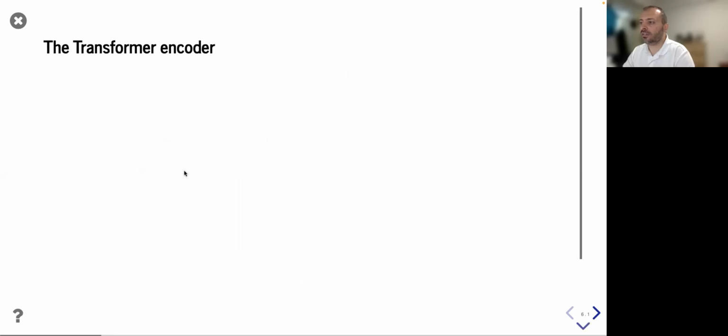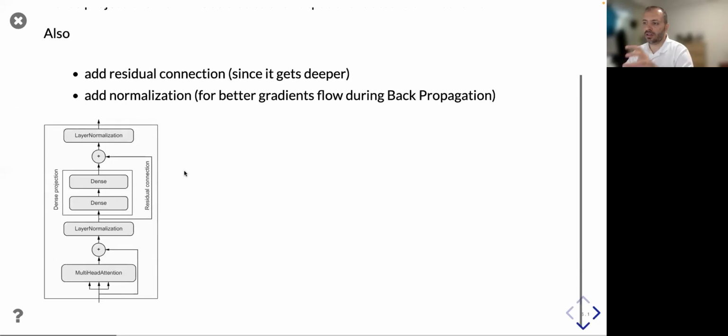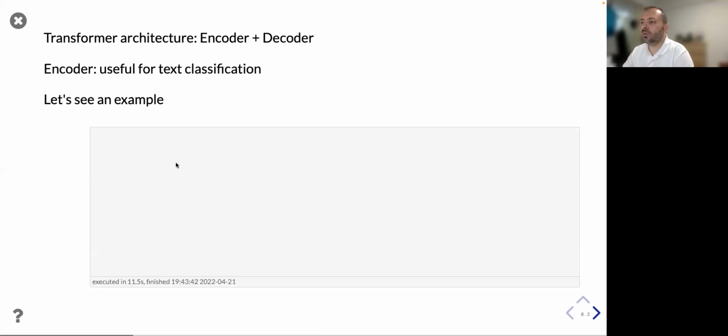Now, let's see what happens after this multi-head. We apply the residual connection, layer normalization, and then we keep it for the residual, and we use three dense layers. The output with the residual, we add it, and then again, layer normalization. Quite simple.